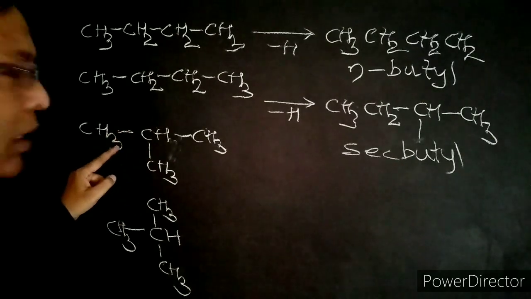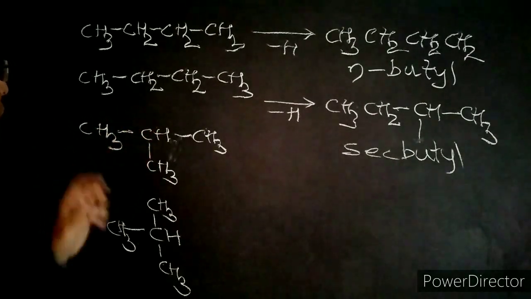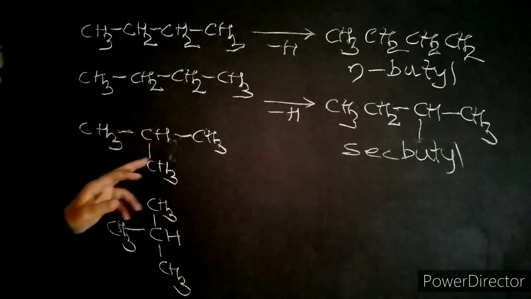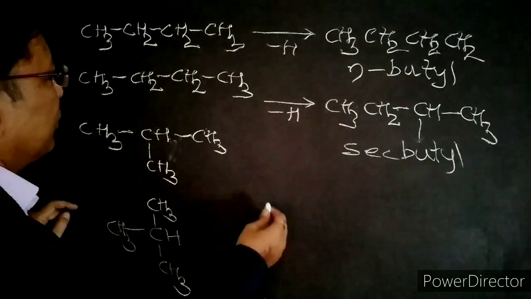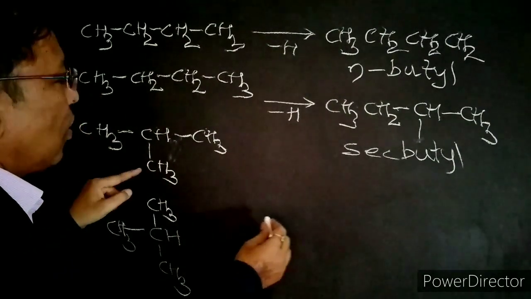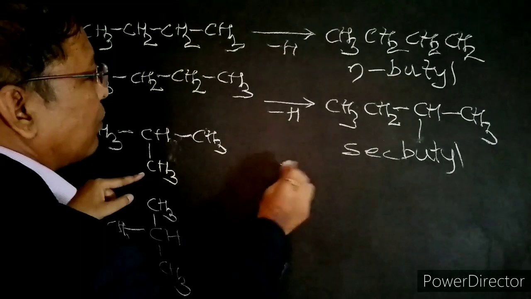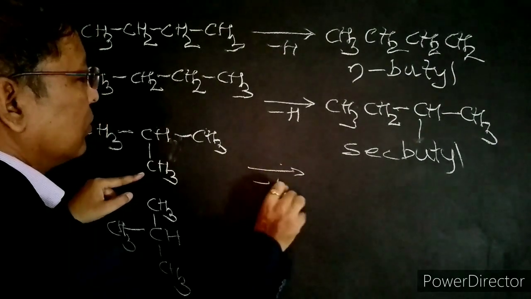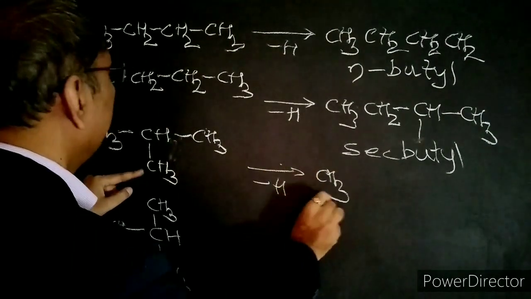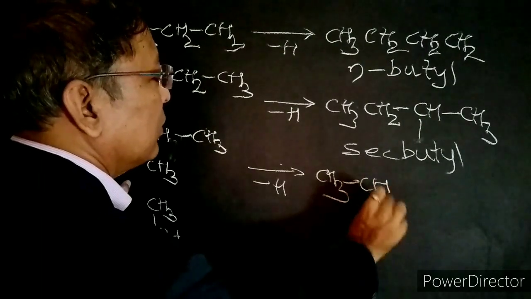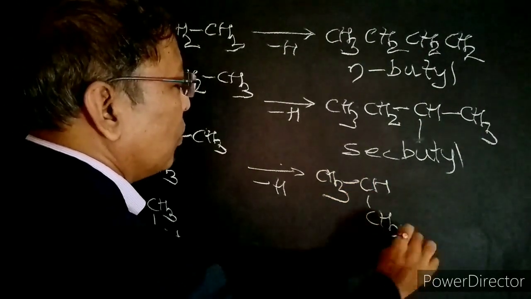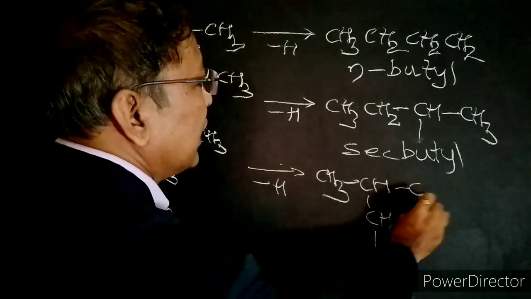This is the third case of butane. Butane may also exist in this form, and if the hydrogen atom of this carbon atom is replaced, CH3, CH, CH2 and CH3.